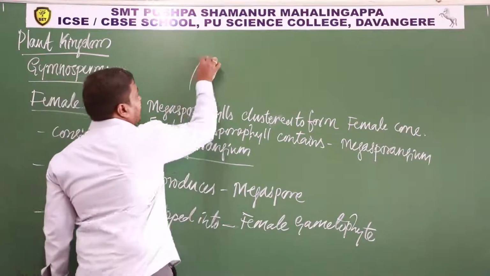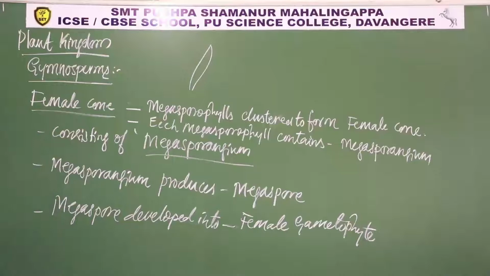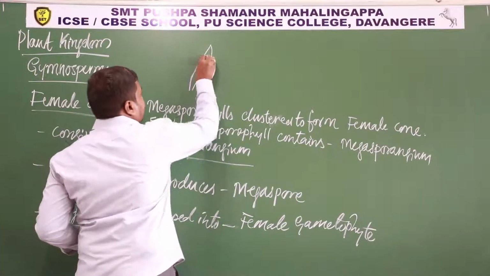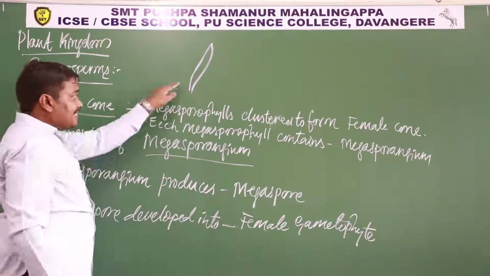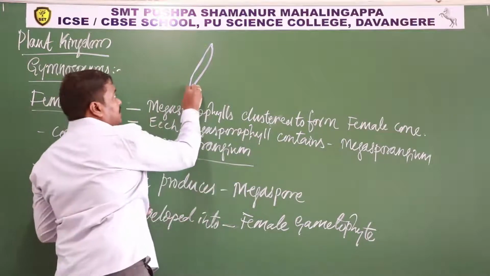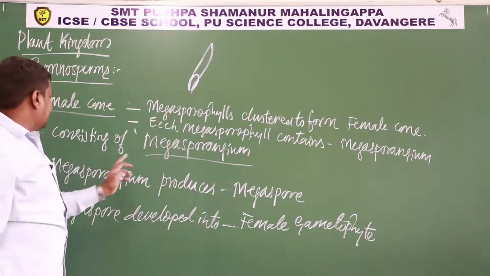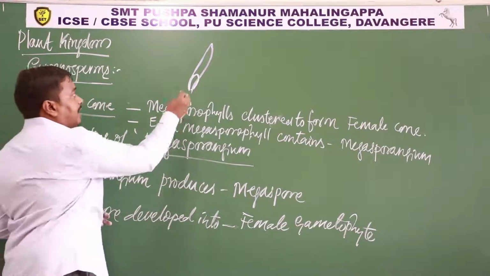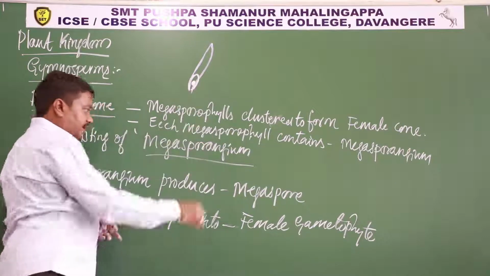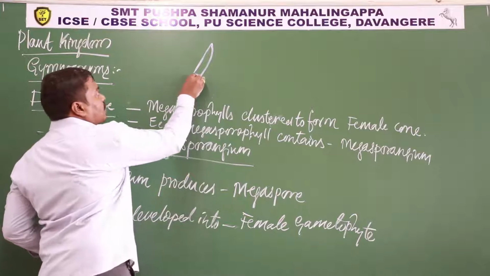This is a single megasporophyll, and here it contains one megasporangium. This megasporangium produces megaspore inside it, and this megaspore develops into the female gametophyte.